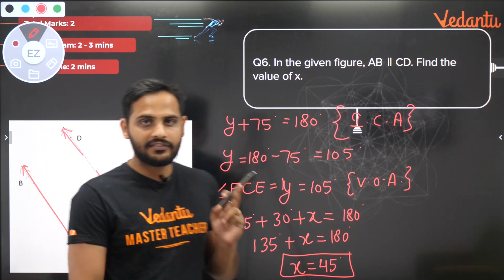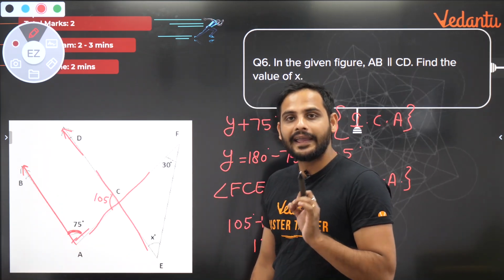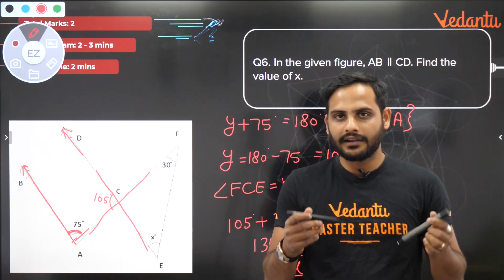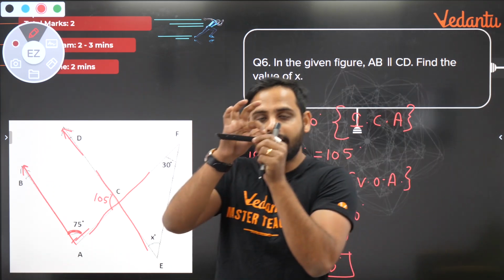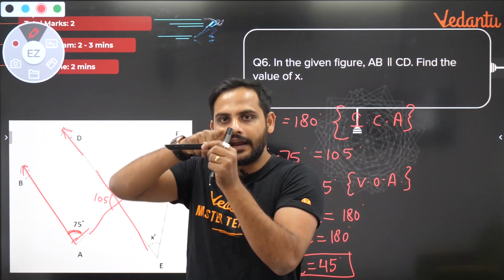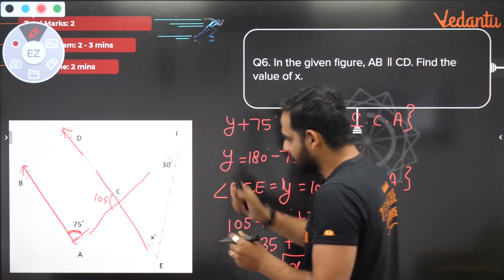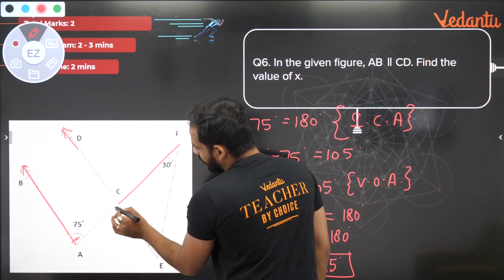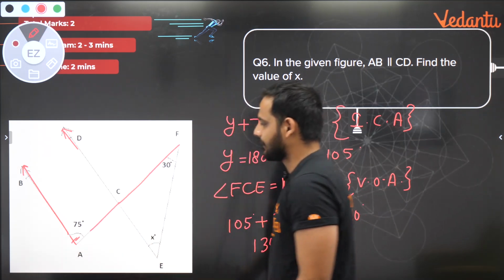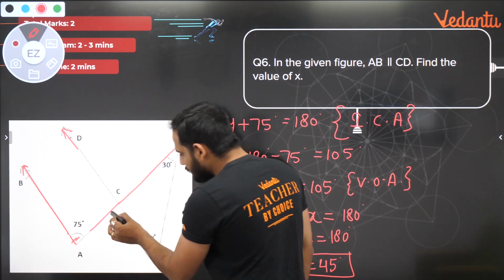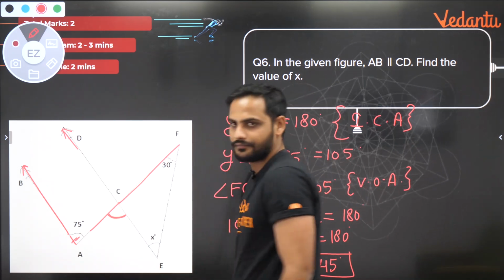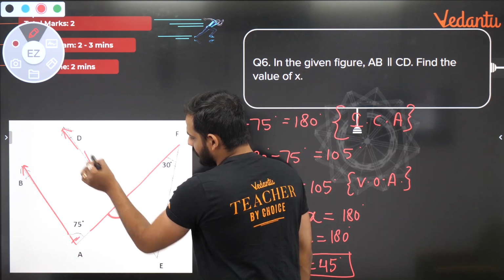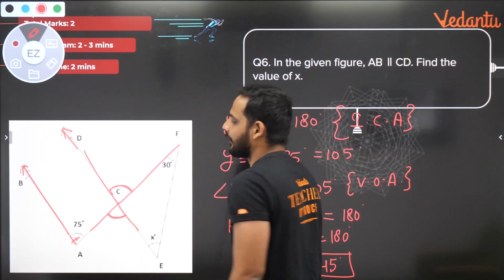But always remember, you get an exterior angle by extending any one side of the triangle. An exterior angle is always the angle between the extended line of the triangle and the adjacent side of the triangle. That means suppose this is the line of the triangle, now if you extend this line, this angle will be the exterior angle. Understood? Or if you extend this, this angle will be your exterior angle.